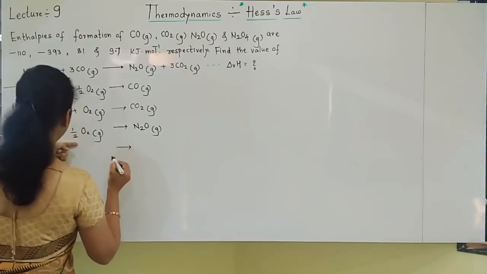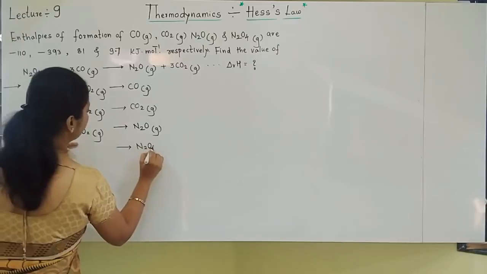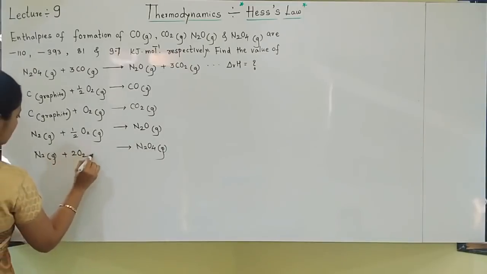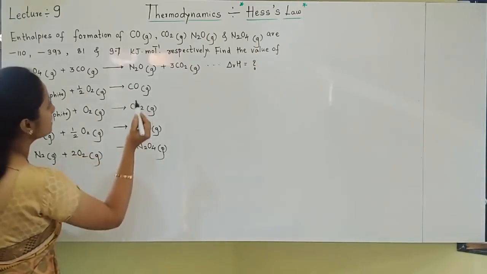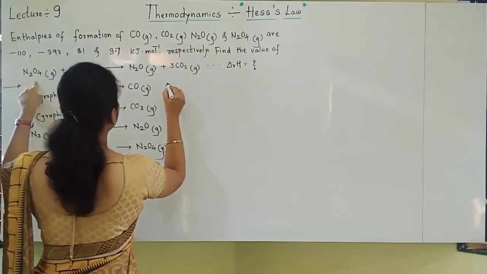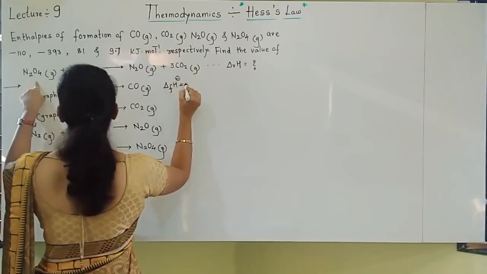Next, N2O4. Okay, next, the values are given. All values are formation values. I am writing them.